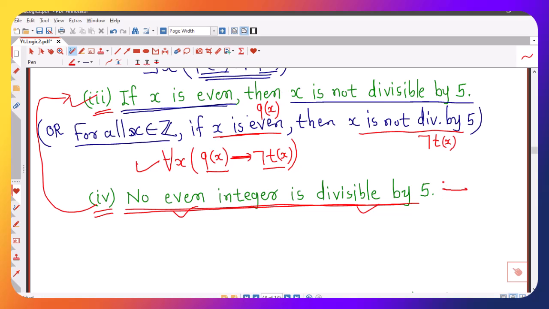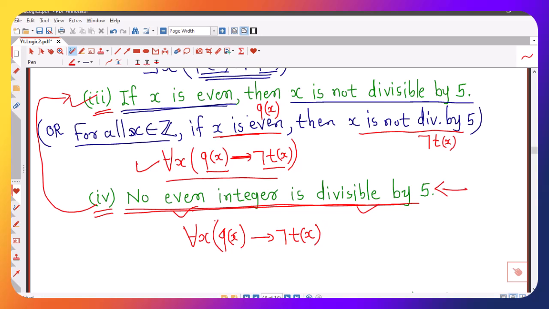That same statement we can rewrite as: no even integer is divisible by 5. That means if x is an integer which is even, then x is not divisible by 5. So here also we have the symbolic form: q(x) implies negation of t(x).